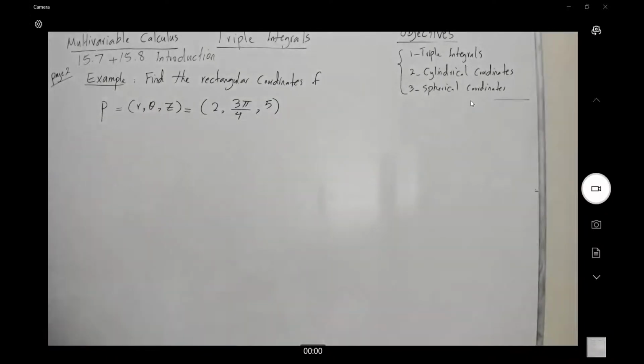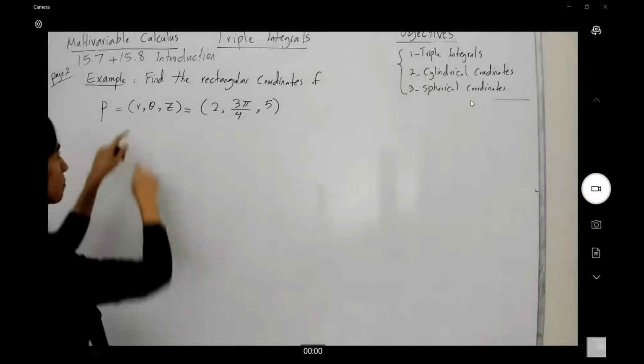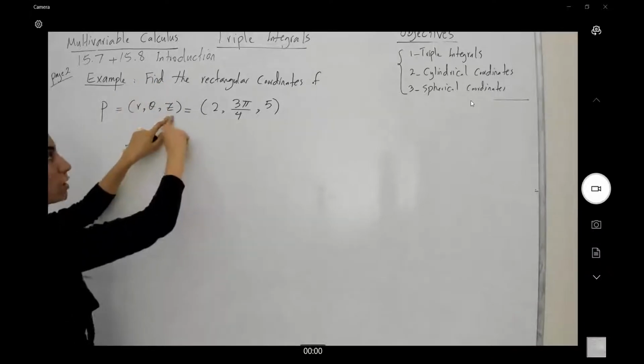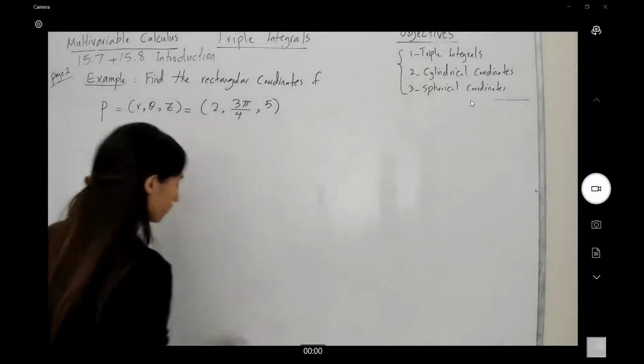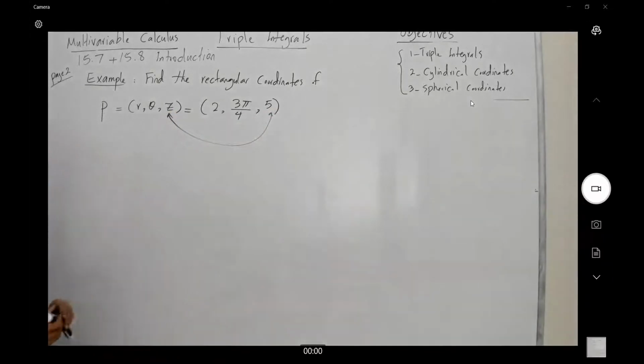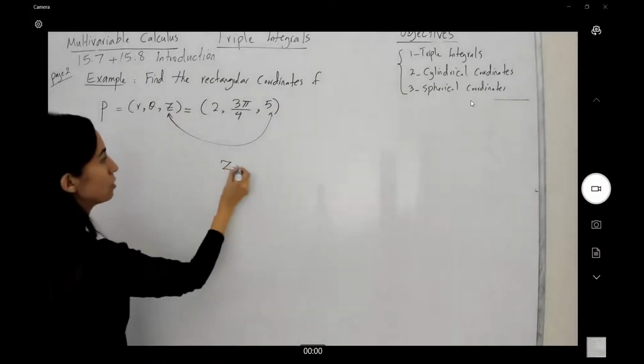There you go. So what are we doing? We are actually just converting our theta into x and y. Why is that? Because our z is just 5. So z is equal to 5. We don't have any problem with our z.